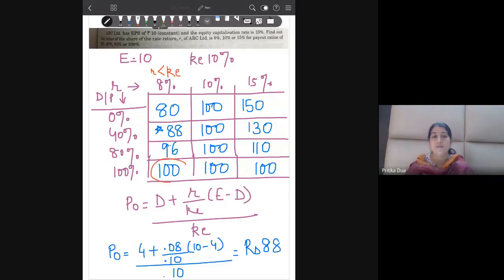Okay, you're getting the highest value of the share when there is a 100% dividend payout ratio, when R is equal to KE, that is a normal firm, you're getting the same price of the share irrespective of the dividend payout ratio. And for a growth firm where R is greater than KE, it is best to retain more and to distribute less, because with 0% dividend payout ratio, you are getting the maximum value for the share.